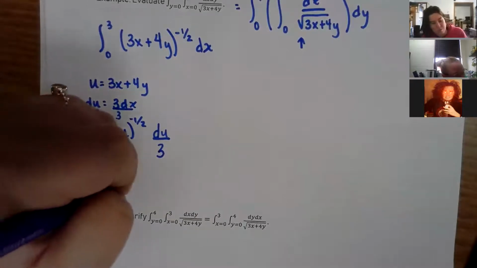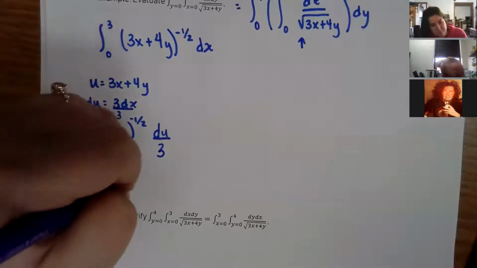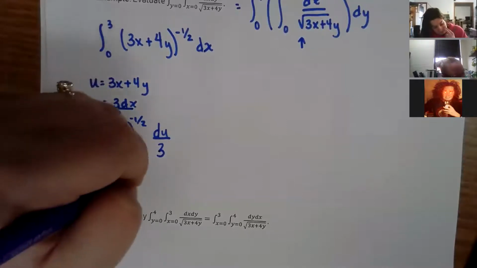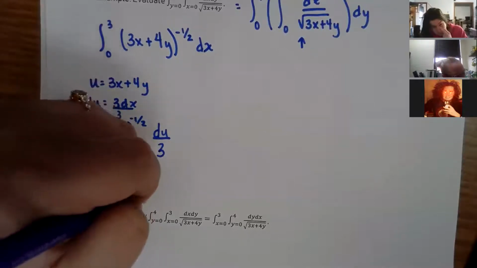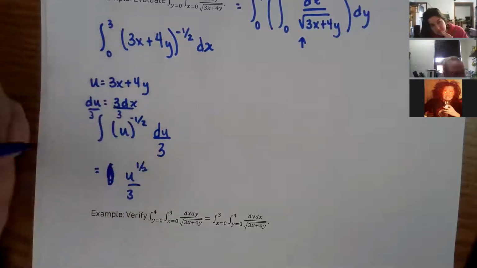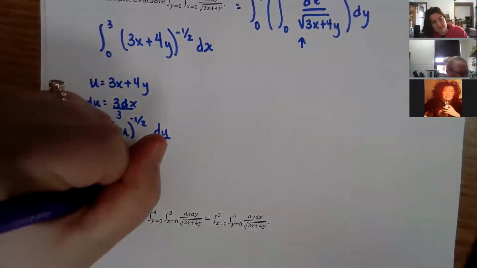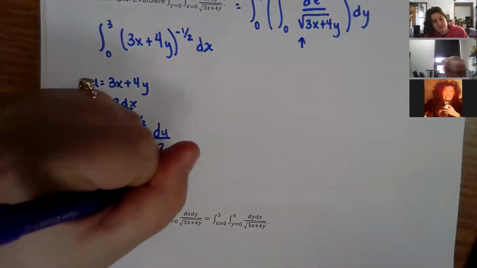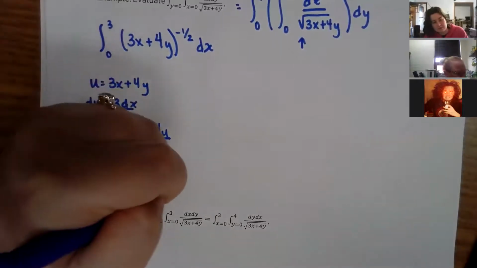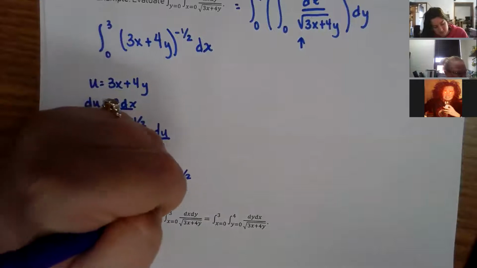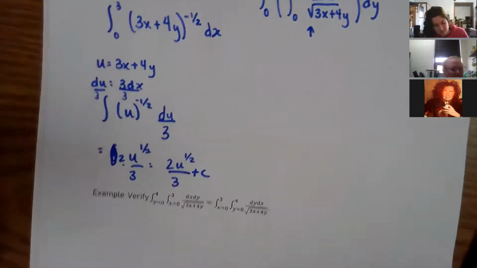That's going to give me u, if I add 1, to the 1/2 divided by 3. But then I divide by that 1/2, so that's going to be multiplying by 2. So that's going to be 2u to the 1/2 over 3 plus c, right?